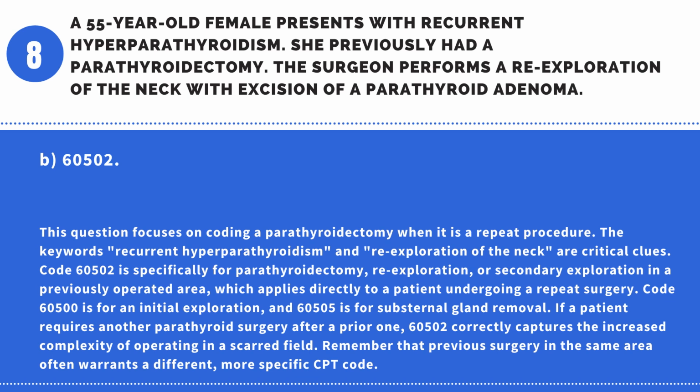Code 60500 is for an initial exploration, and 60505 is for substernal gland removal. If a patient requires another parathyroid surgery after a prior one, 60502 correctly captures the increased complexity of operating in a scarred field. Remember that previous surgery in the same area often warrants a different, more specific CPT code.